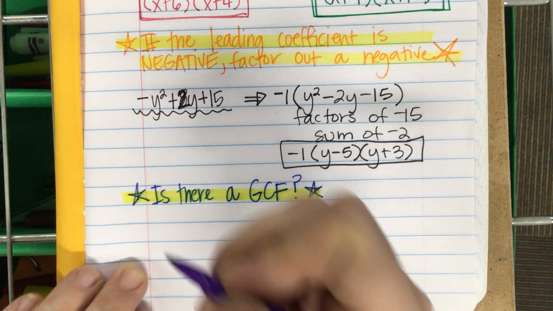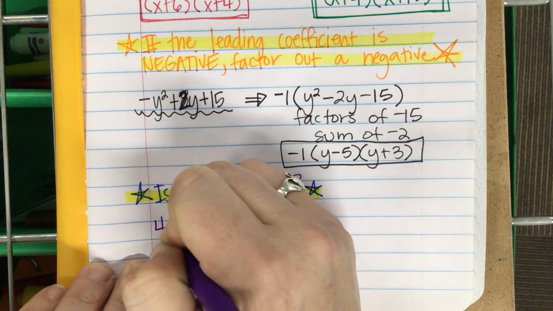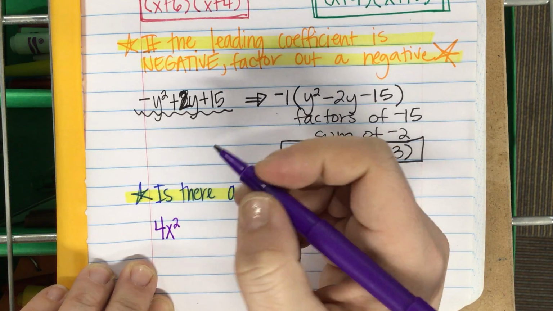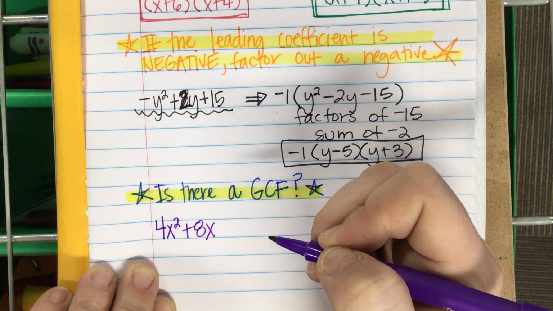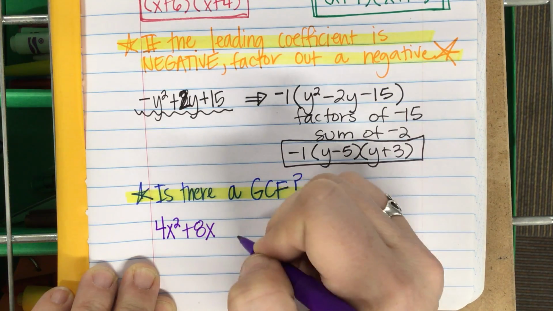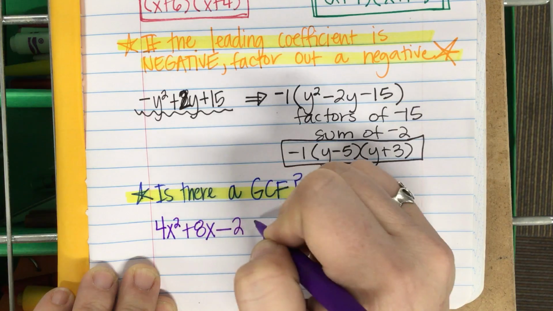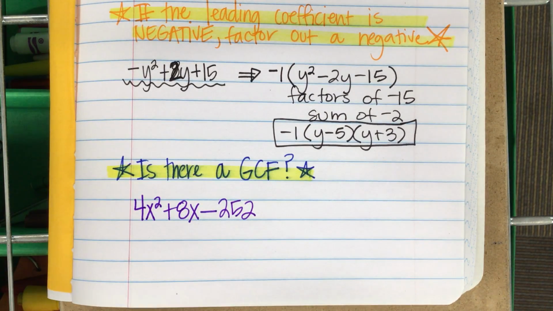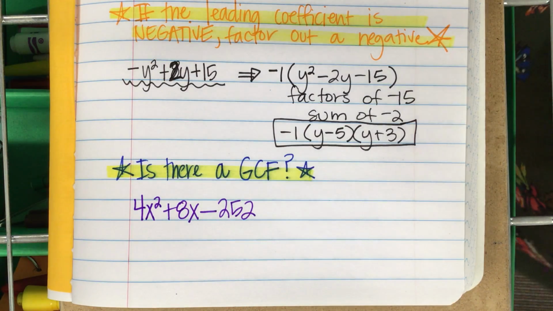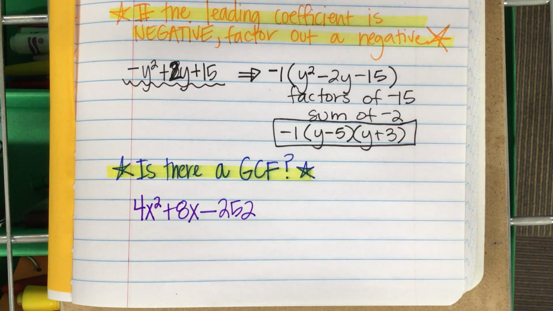For example, 4x squared plus 8x minus 252. That's a large number. Is there a greatest common factor? Probably. It's probably the leading coefficient, don't you think? Maybe. So let's see. My leading coefficient's 4.